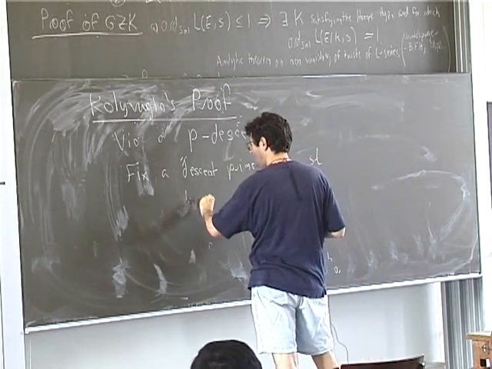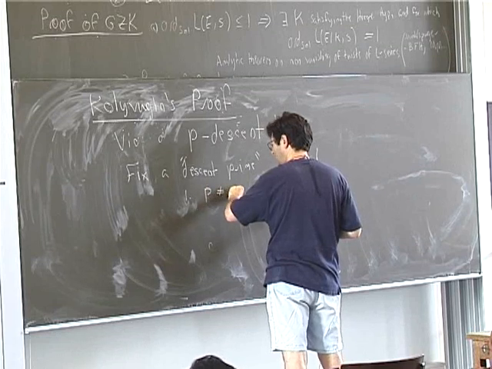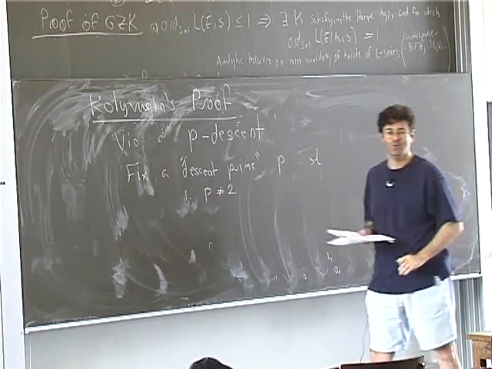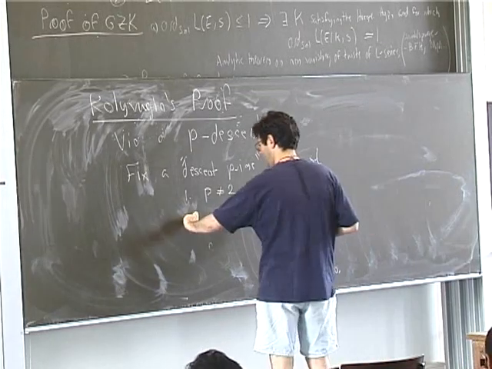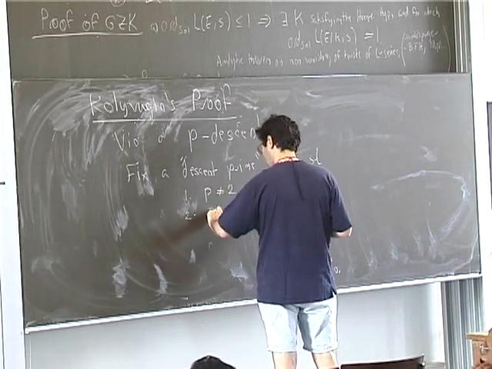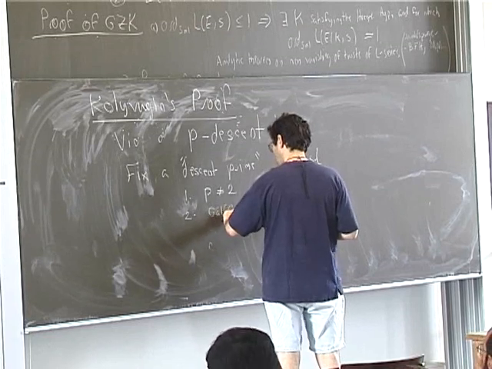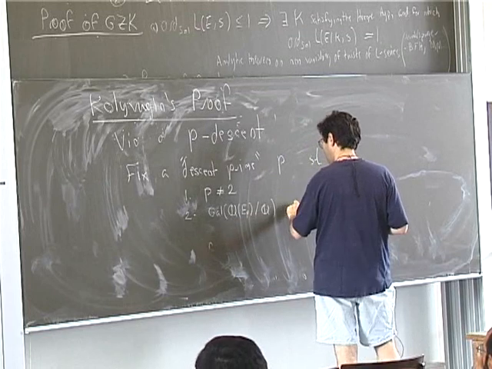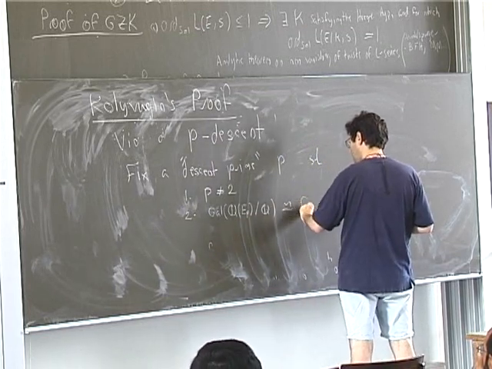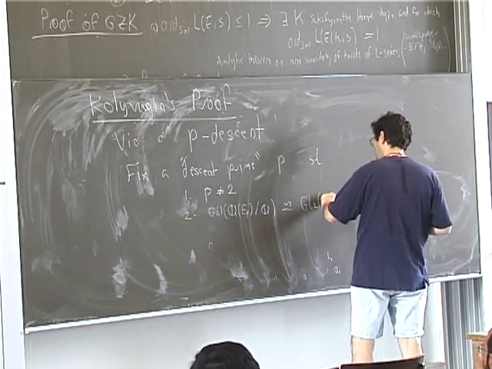I'm first going to avoid p equals 2. If you're allowed to choose your prime however you want, the first thing you do is assume it's not equal to 2. And the second thing I want is that the Galois group of Q(E[p]) over Q is isomorphic to GL2 of Z mod pZ.